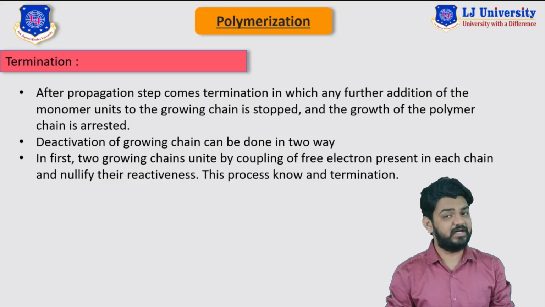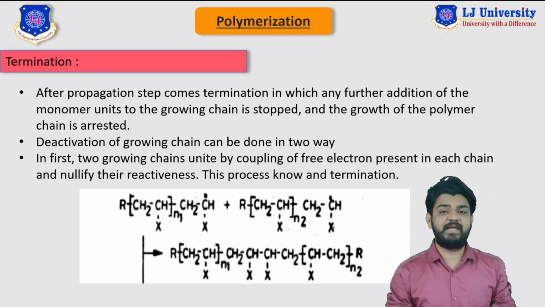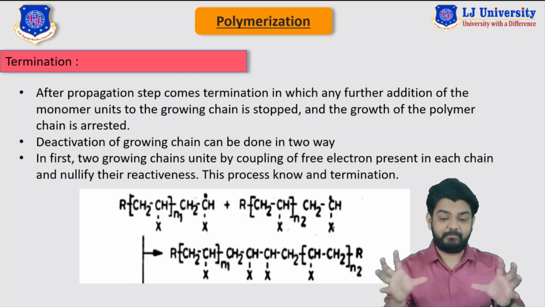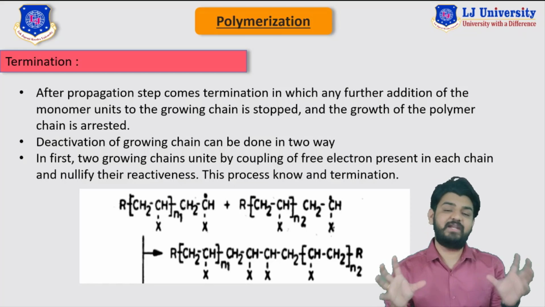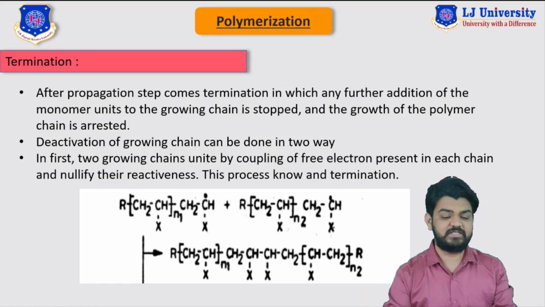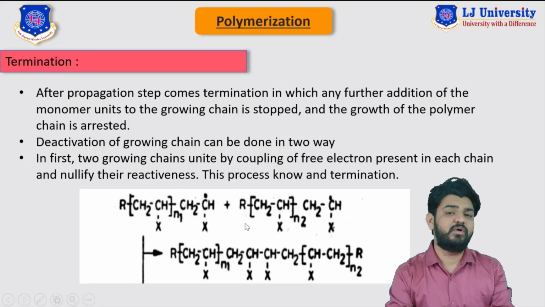In the very first method, we try to unite two polymer chains by combining them. Two growing chains are united by coupling of the free electron present in each chain, and finally they nullify their activeness. You can see on the screen, this is one polymer and this is another chain of polymer. We try to terminate both polymers by coupling them.